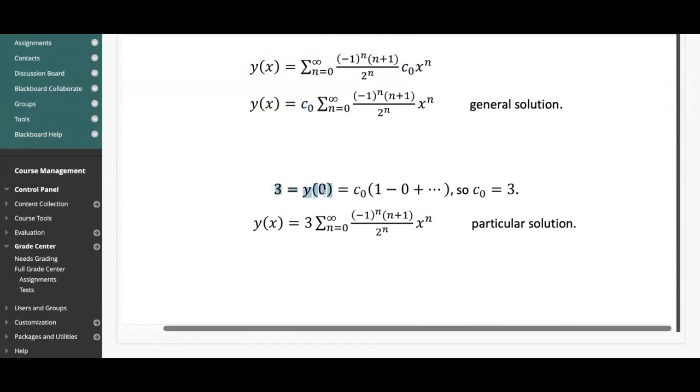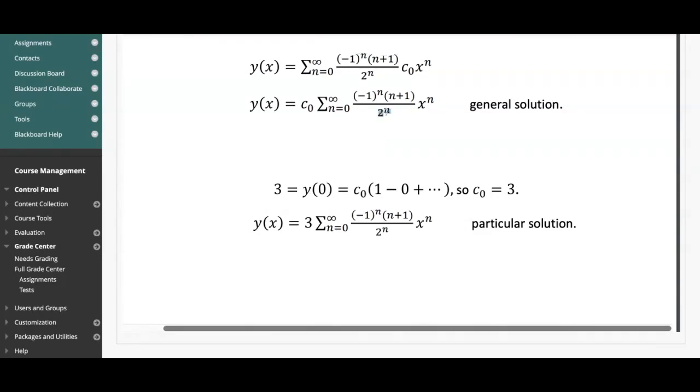Now we just have to find out this constant. We're given an initial condition y of 0 equals 3. So we plug in, right? We just get this. Then all the terms with x are 0. So x raised to the 0. Oops, we have this n plus 1 here. It's just the first one that survived, right?